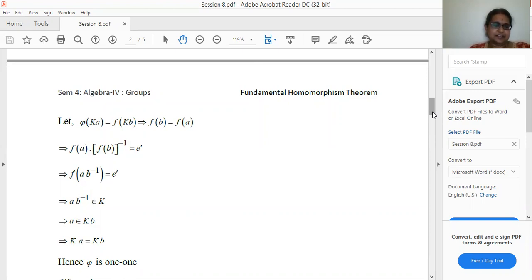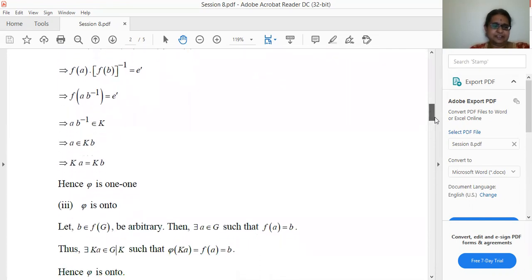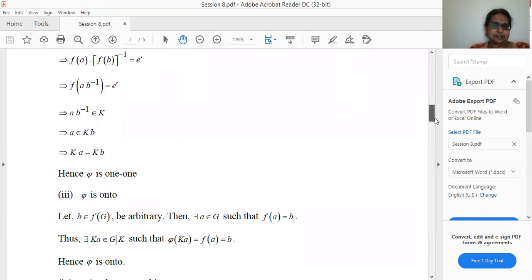That is, we get Ka is equal to Kb. So phi is 1 to 1. We have proved phi is well defined, then phi is 1 to 1.